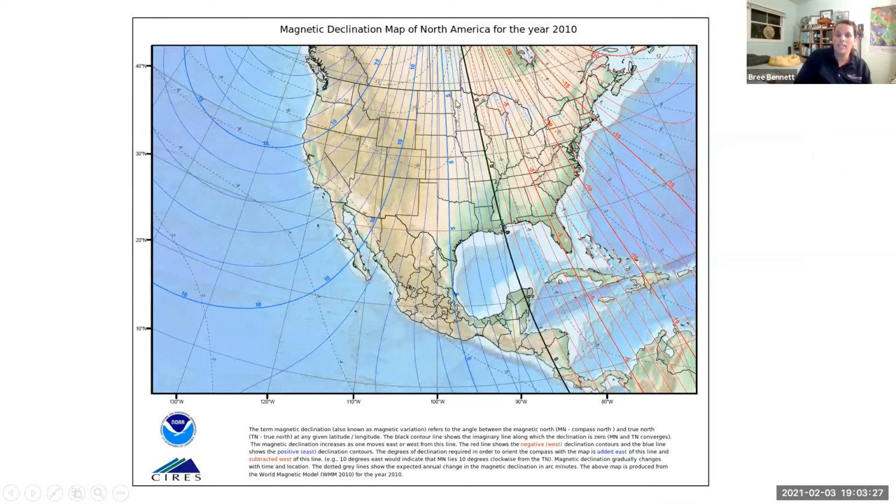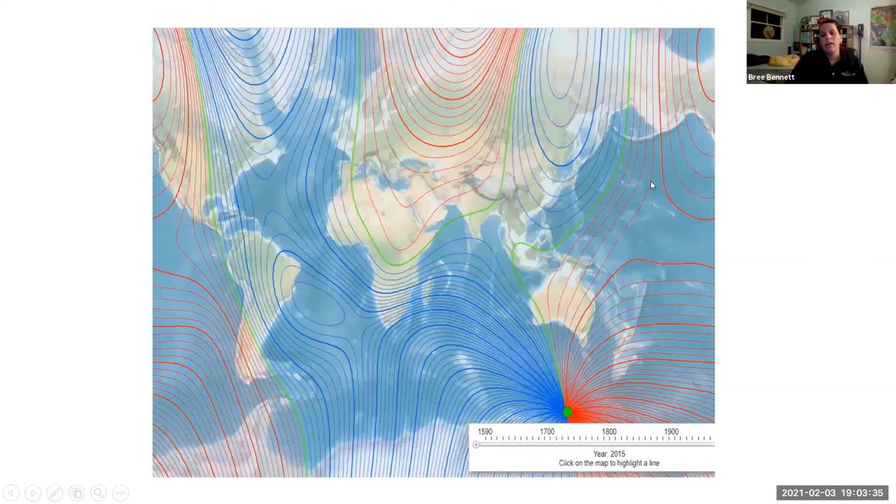These are lines of magnetism. So these are those lines of magnetism and variation around the Earth. This is a pre-calculated number. For each chart that you are working on, you're going to read what the magnetism is in this area.